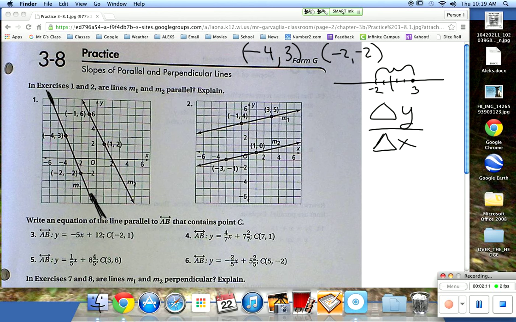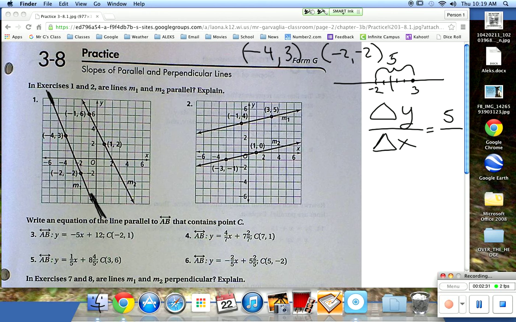2 plus 3 is what? 5. So my distance here is 5. All right? So that's going to be my change in y, 5. What's my change in x, Damien?